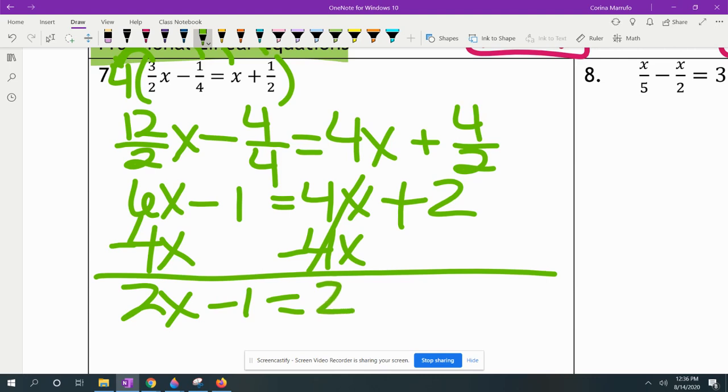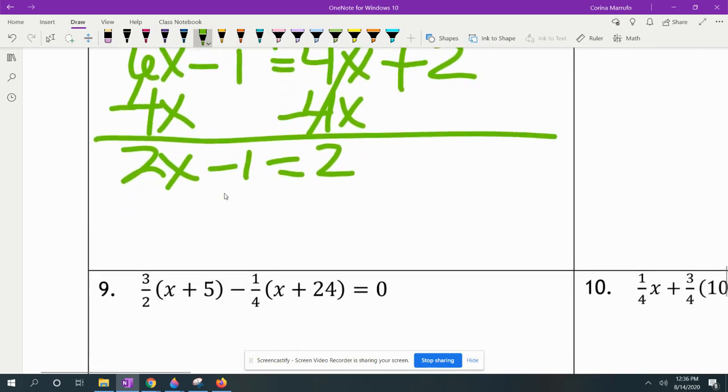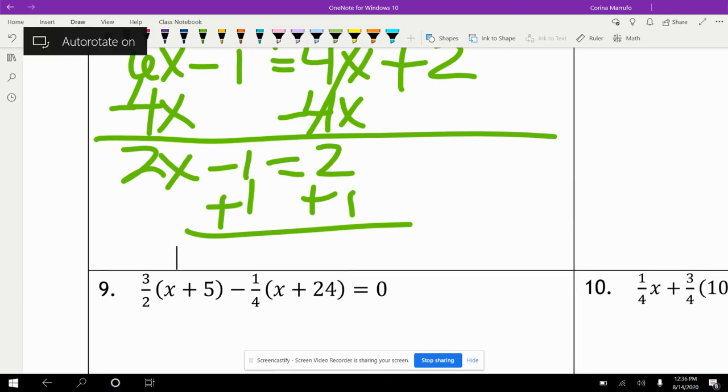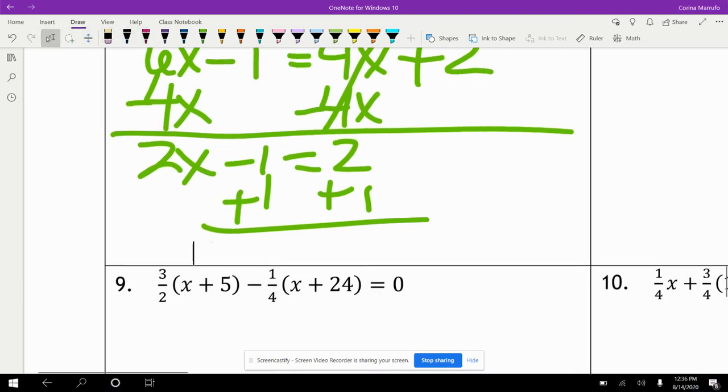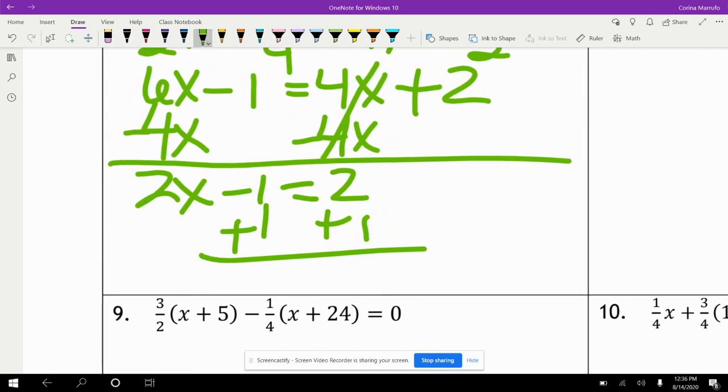Okay, then from there, we're going to go ahead and move over the minus 1. So we're going to add 1 to both sides. And then we are going to get 2x, the 1's canceled out, equals 2 plus 1 is 3.